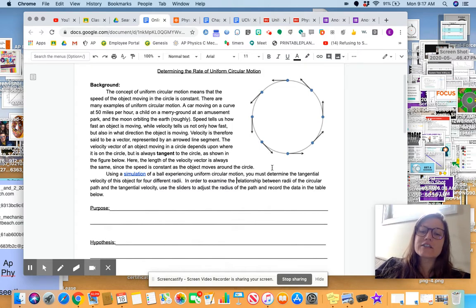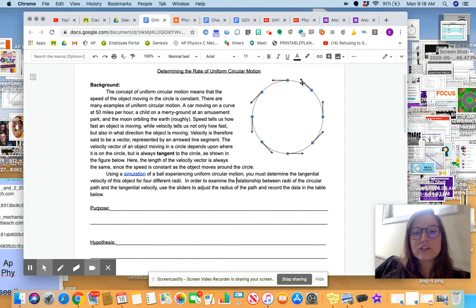Here, the length of the vector is always the same, since the speed is constant as the object moves around the circular path. So these vectors in this image represent the tangential velocity, which is the speed of the object as it moves around the circle. Notice that the length or the magnitude of the vectors are equivalent, which means that the speed stays the same.